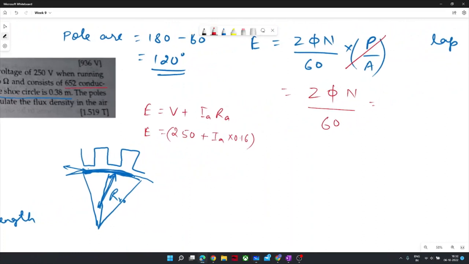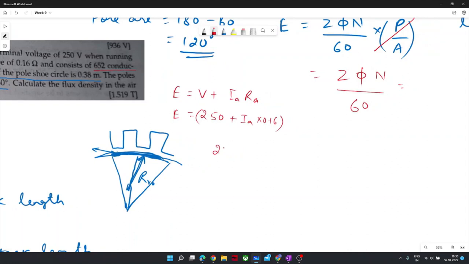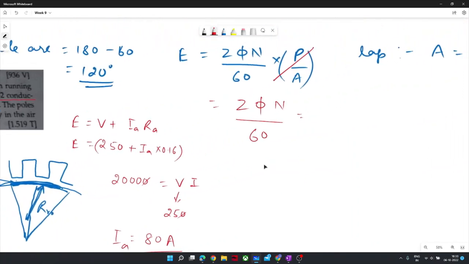So to compute IA, I will take help of this power. So power was 20 kilowatt, sorry, 20 kilowatt will be equal to V into I. V we know 250. So I we can easily compute from here. 80 ampere would be your armature current that will flow through this circuit.